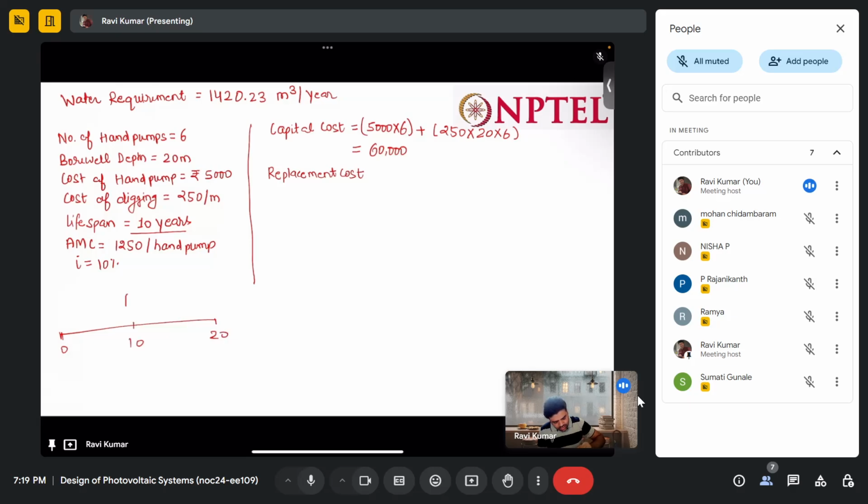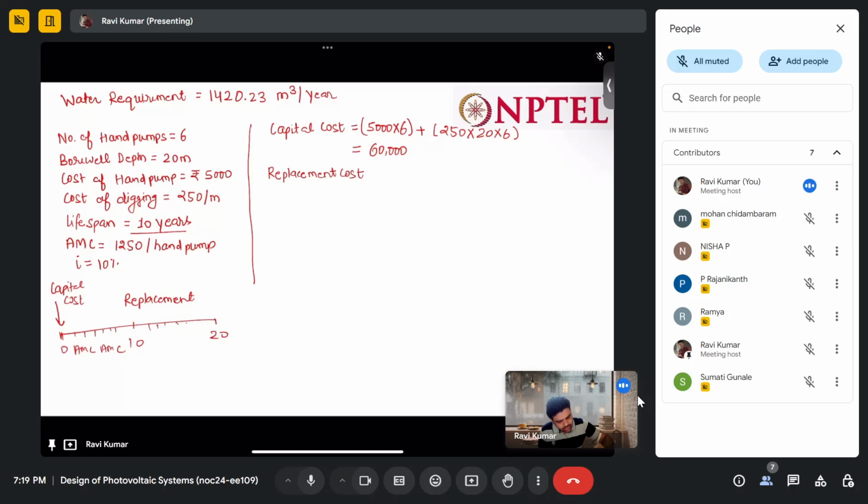Here we will have a replacement cost. And in between we will have a maintenance cost, AMC, every year, and initially we have a capital cost. Capital cost we have calculated. Now we are calculating this replacement cost.